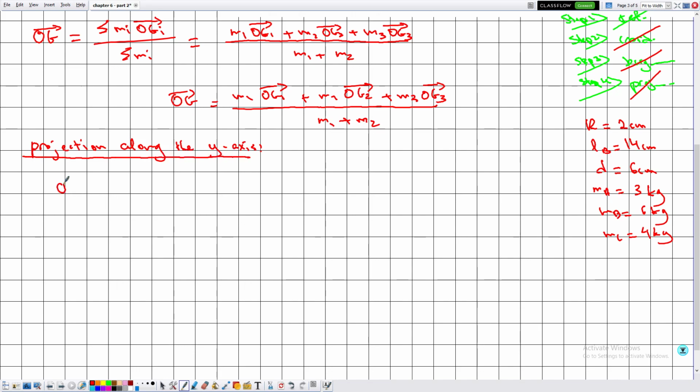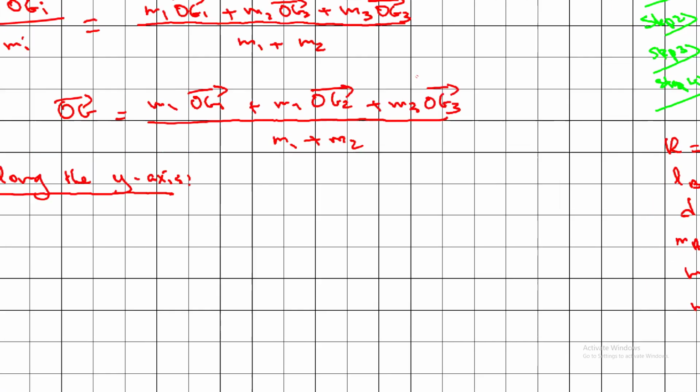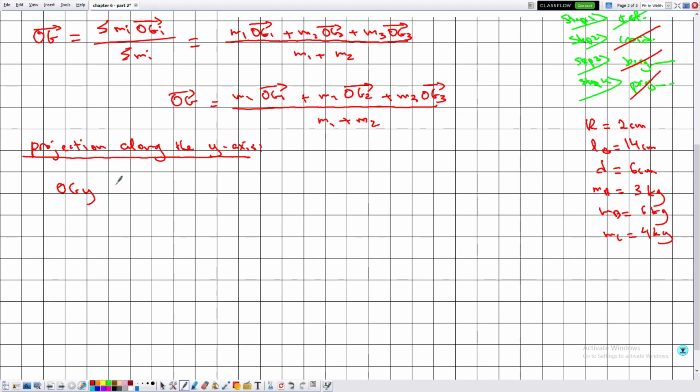Then it's given by OGy. We drop down the vector and each vector quantity will carry the label y. So M1 OG1y plus M2 OG2y plus M3 OG3y divided by the factor M1 plus M2 plus M3.